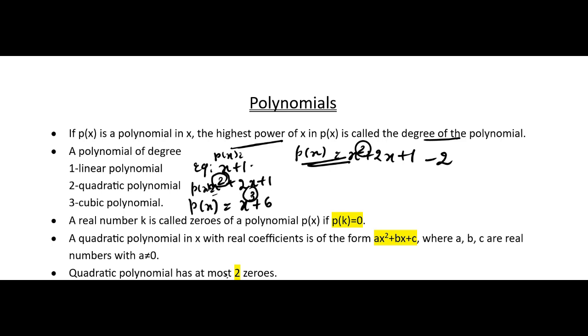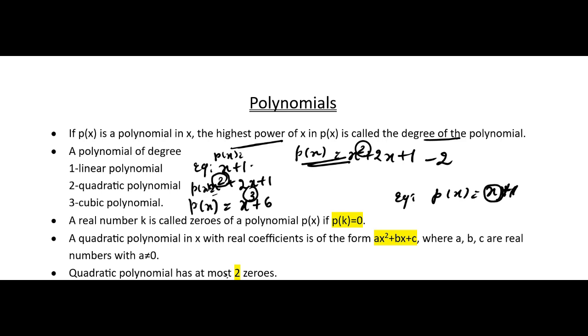A real number k is called a zero of the polynomial p of x if p of k is equal to 0. For example, let us take the simple polynomial x plus 1.